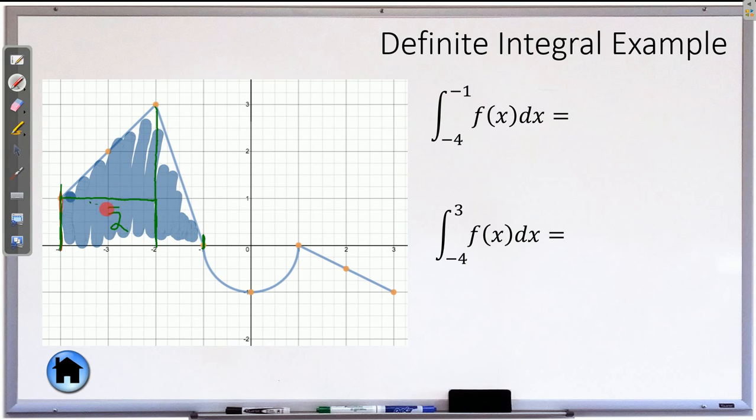That area is 2. This triangle, the base is 2. The height is also 2. 2 times 2 is 4. Divided by 2 is 2. Kind of nice. And then this triangle will be 1 times 3 divided by 2, 1.5. So total we have 5.5 is that area.